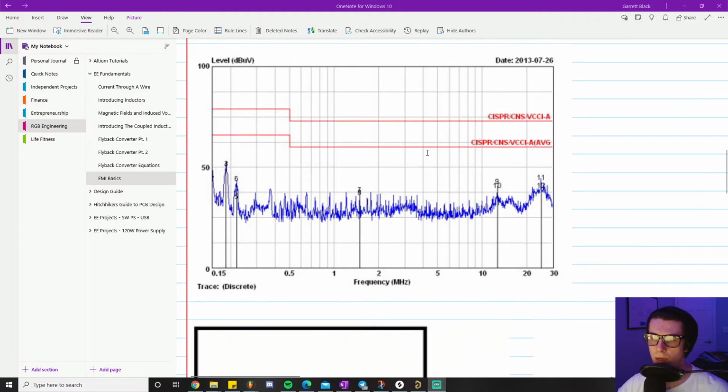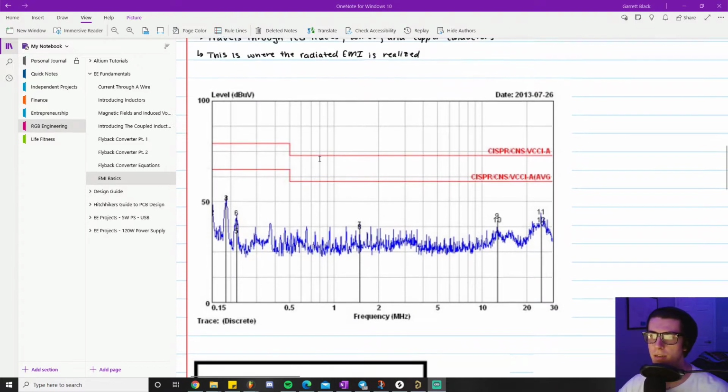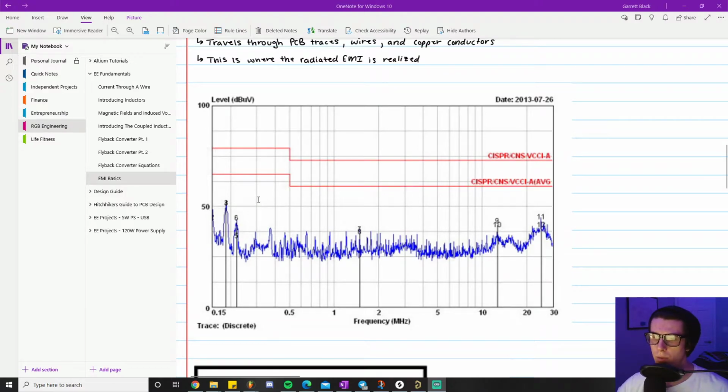So here we have an example of a test. This blue line is a recording, or a measurement, of the EMI that your device under test is actually giving off. In this example, this could be radiated or conducted. I'm not sure which. But this is what it'll look like.